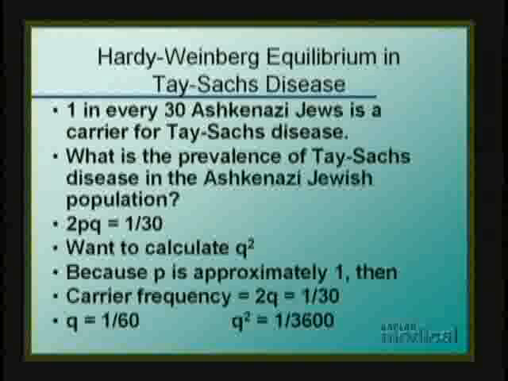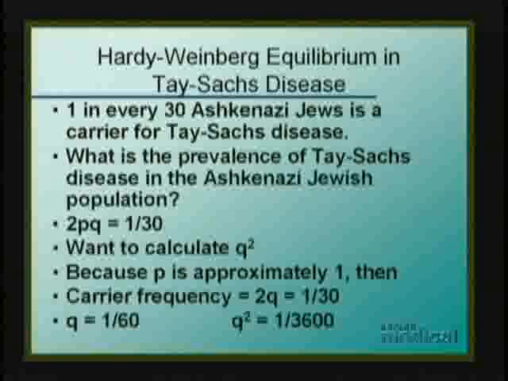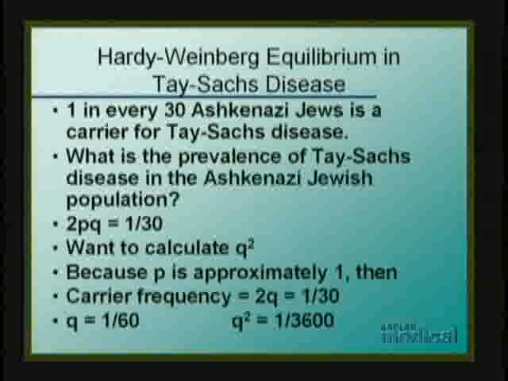So the prevalence of Tay-Sachs disease in this population would be 1 out of 3,600. 1 out of every 3,600 Ashkenazi Jewish babies would be expected to have Tay-Sachs disease, or if 2 random Ashkenazi Jews got married and had a child, the probability that their child would have Tay-Sachs disease is 1 divided by 3,600.